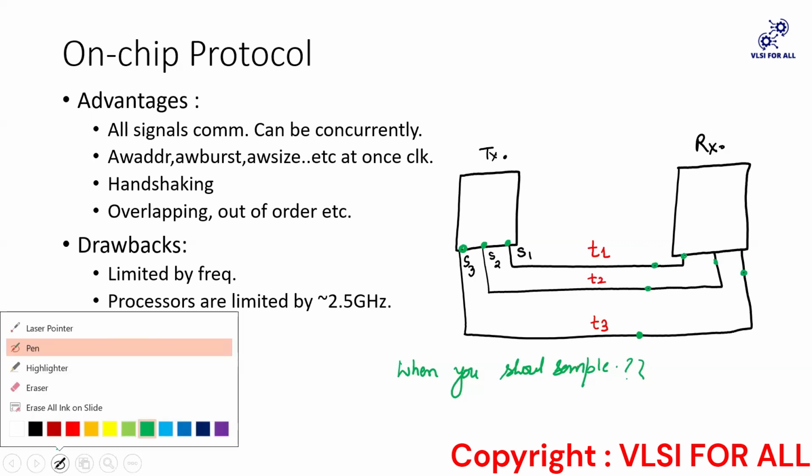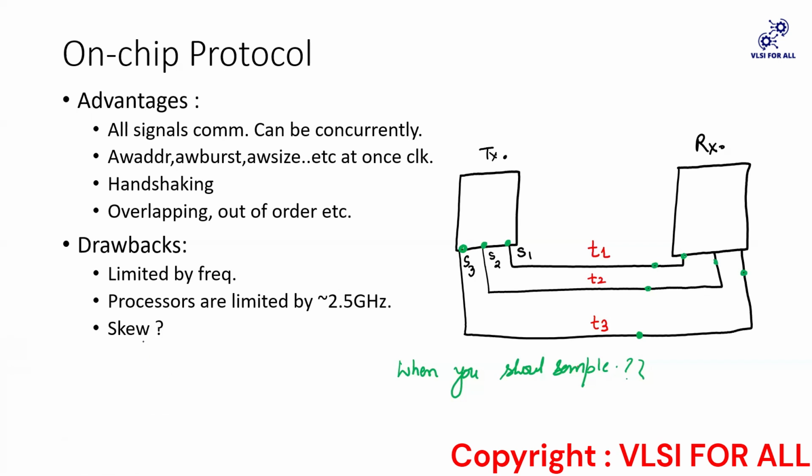Now skew can be categorized into two. Let's say S1 is the clock and S2, S3 are data. It's all about signals, right? If it's a clock, we can say it's a clock skew. But if it is data, we can say it's a data skew.